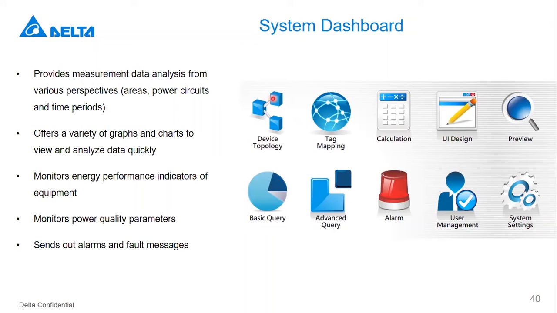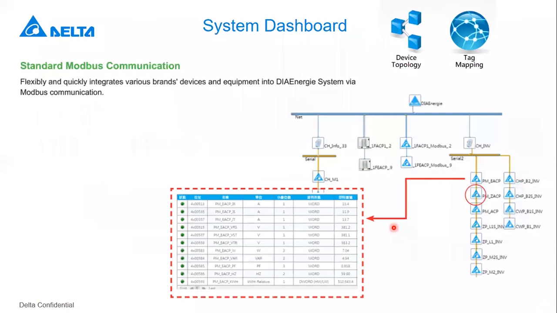These 4 parts focus on developing and preview, just like a runtime. And if you want to do further query analysis, here we offer the basic and advanced query for you. And of course, the alarm settings, the authority settings and all the system settings. So these are the functions from the system dashboard.